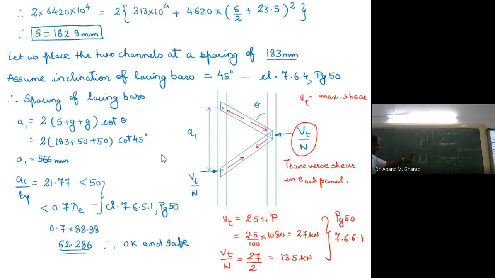In that case, usually at the end, such a system is provided. This is known as tie plate. It also has a design, a very simple design. I will provide you the steps related to the tie plate design. So you can also provide such a system when it is not possible for us to accommodate the lace at the end. So usually you will find it at the end itself. Okay.